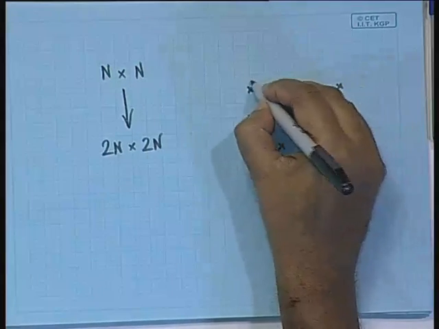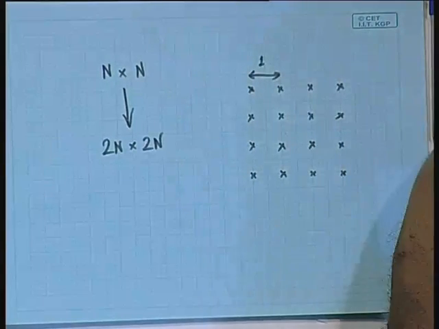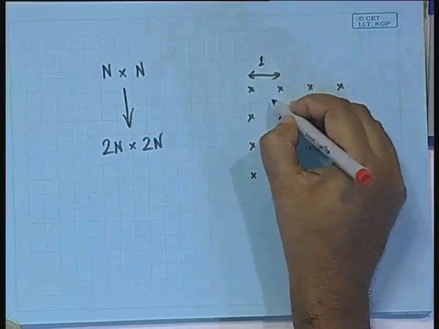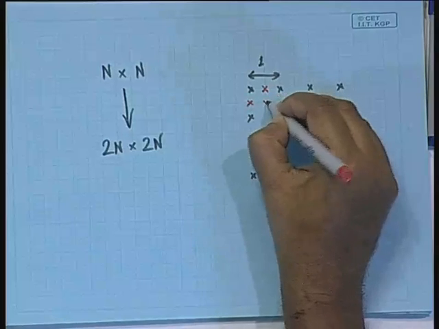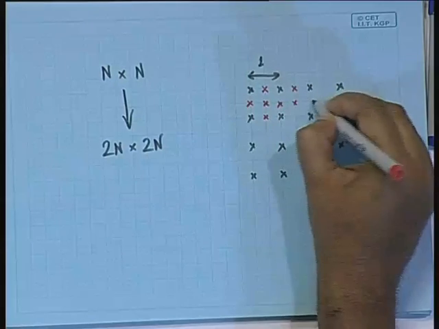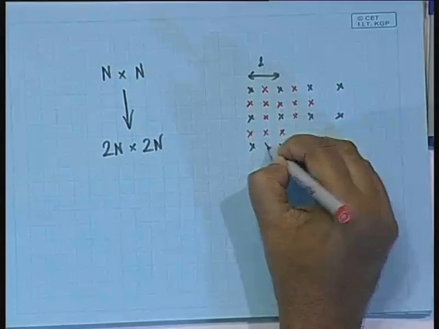So, here to here it is 1 unit distance, but at 0.5 distance I can apply interpolation and get the intermediate values. All that I am indicating by red, these pixels can be interpolated.